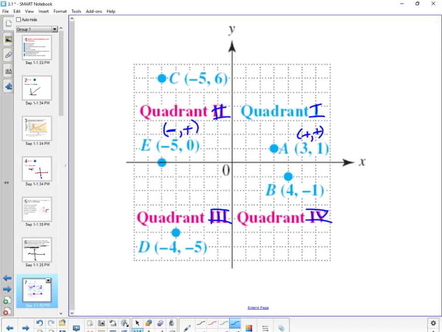In quadrant 3, they should both be negative. And finally, quadrant 4 is a positive with a negative. If they do not follow that order, you are in the wrong quadrant. You have graphed it incorrectly. So be careful there, please. Okay? Questions?